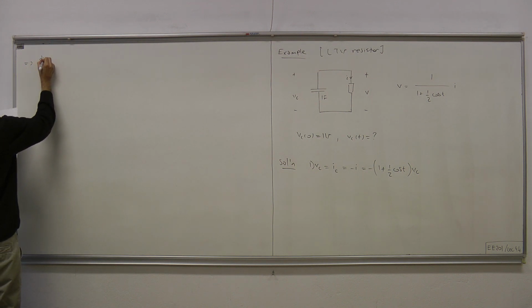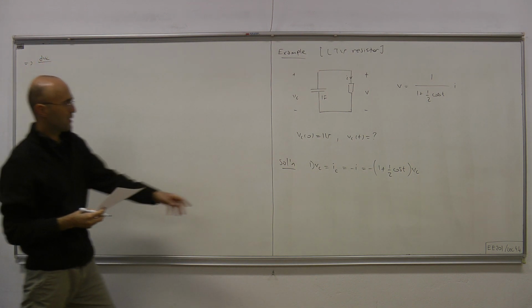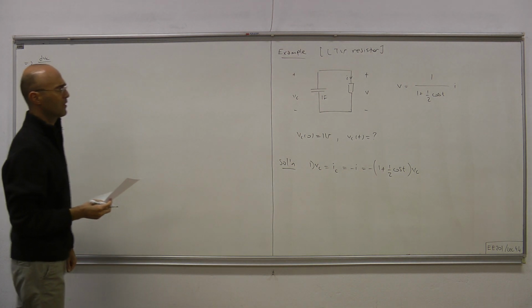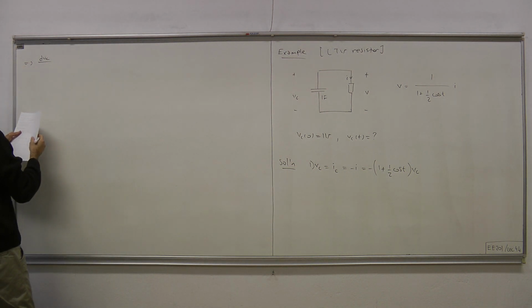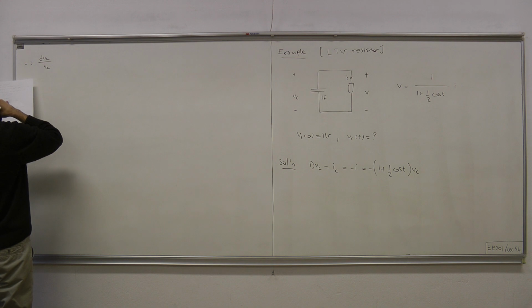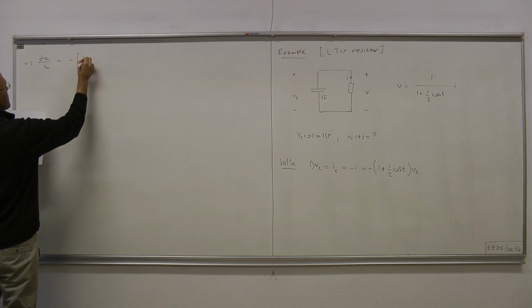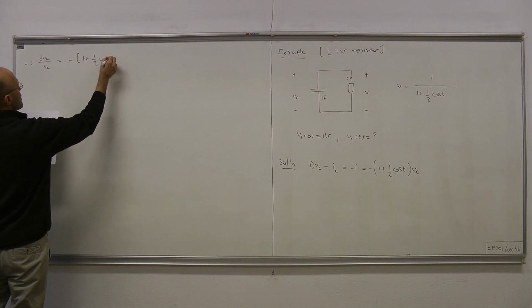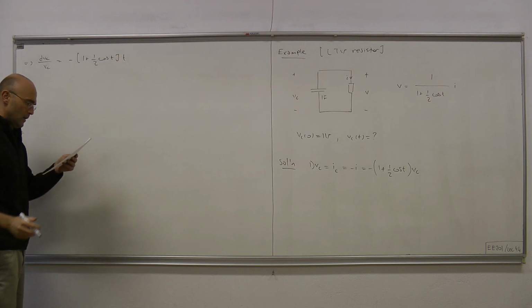We can express that differential equation in the following form: dVc over Vc equals minus (1 plus 1/2 cosine t) dt.